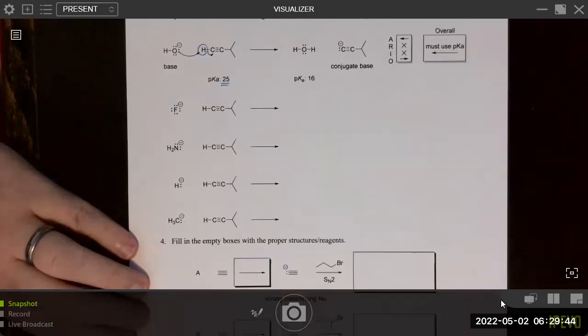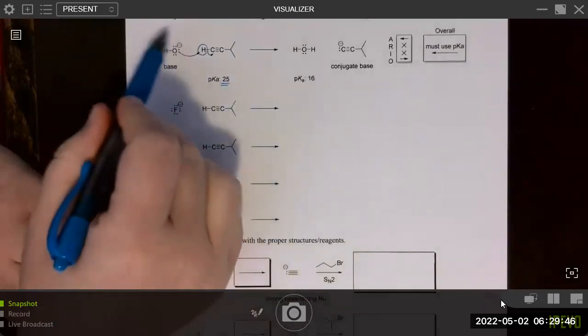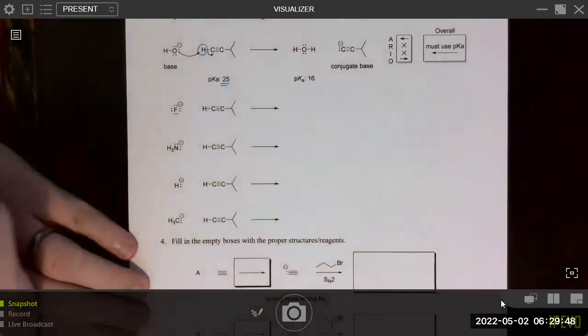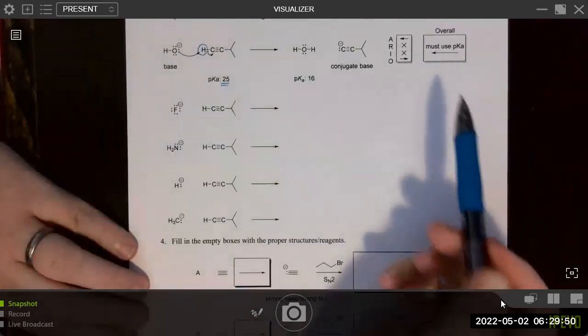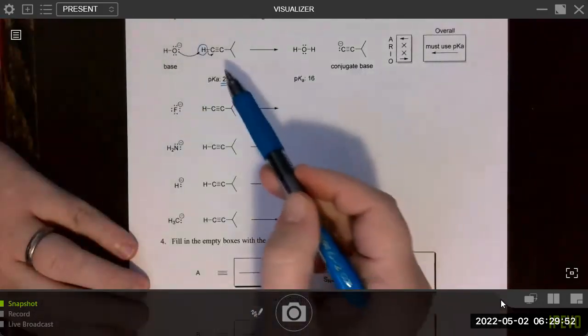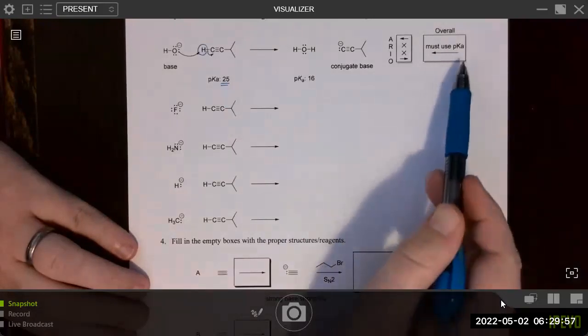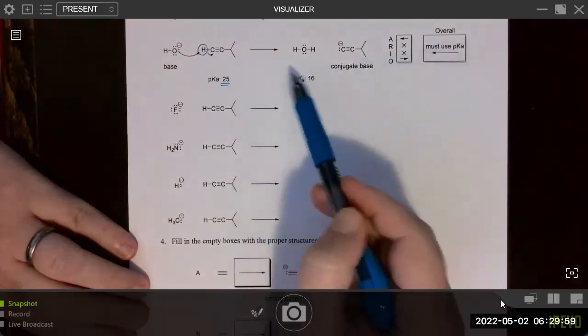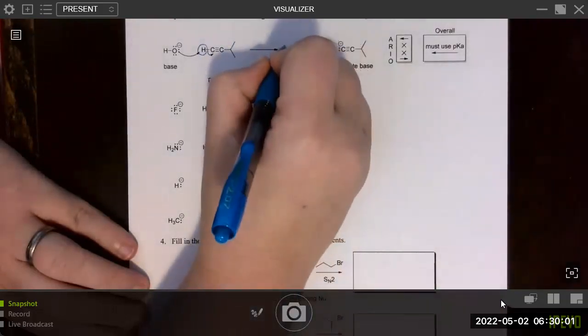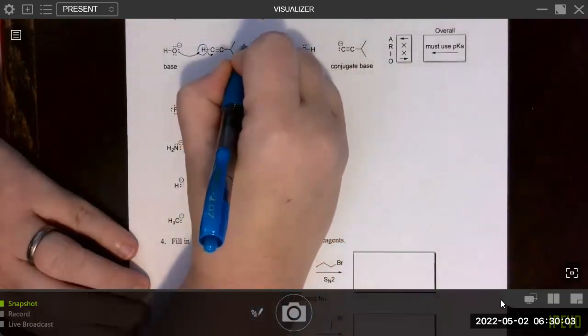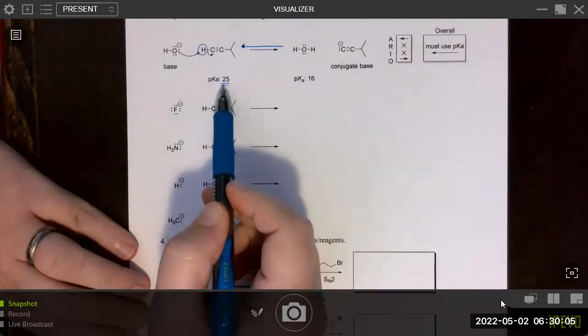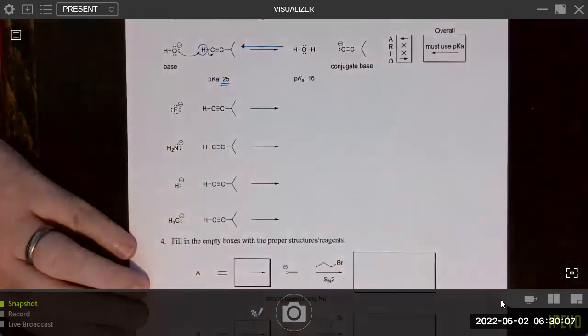So it does take a fairly strong base. Sodium hydroxide, as we saw in this example reaction, is not strong enough to deprotonate a terminal alkyne. We showed that using pKa values, because equilibrium will lie towards the weaker acid, and 25 is a weaker acid than 16.